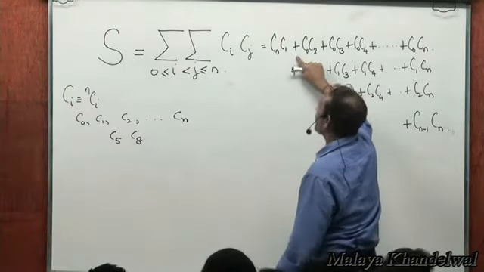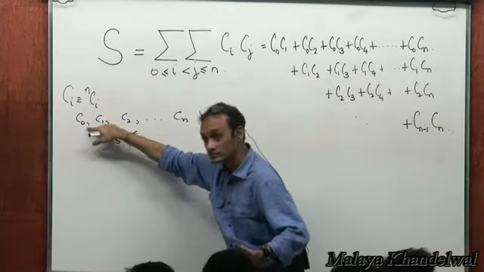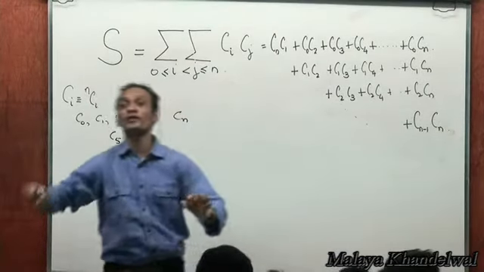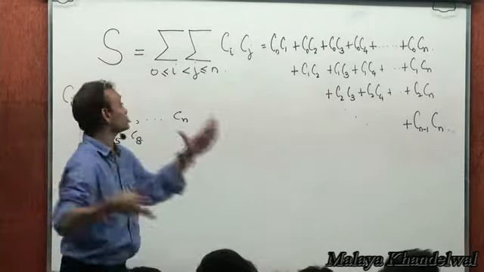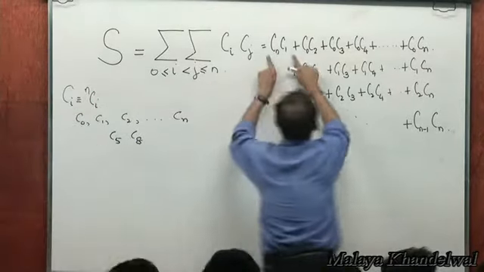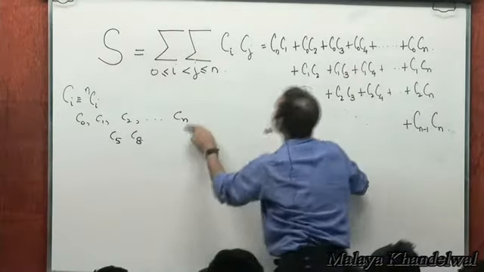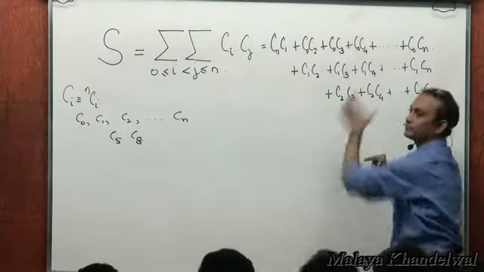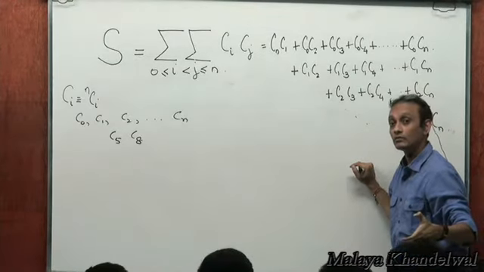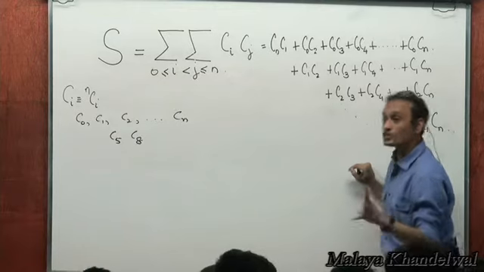This could be looked upon as a sum of the product of these numbers. These are a certain set of numbers. This S should be looked upon as the sum of the product of these numbers taken 2 at a time. Yes or no? The order is not important. C0 C1 is just one term.